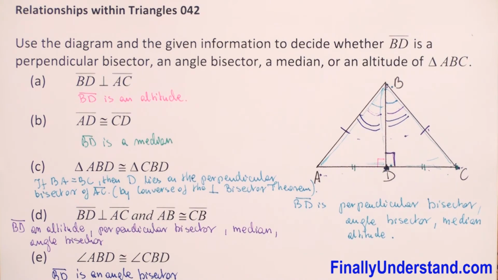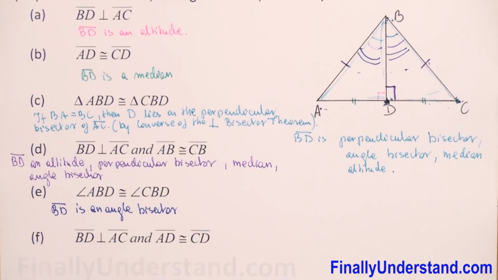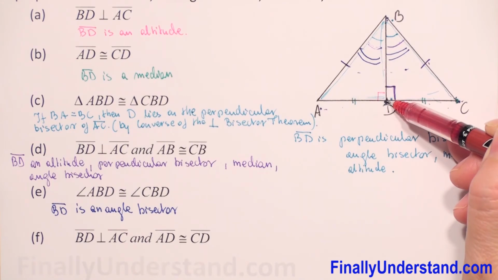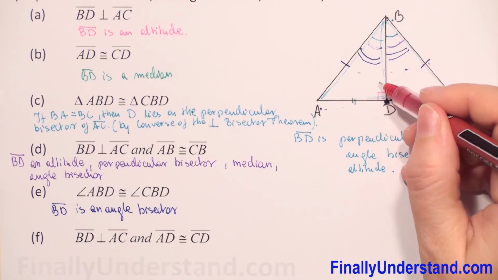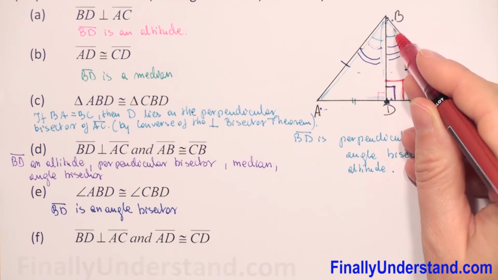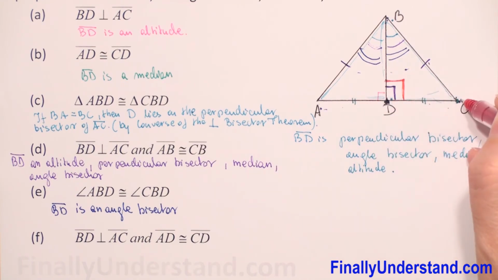And the last question, we have given that BD is perpendicular to AC. So we have right angle. Now I will use red color. These two segments are perpendicular. What else?